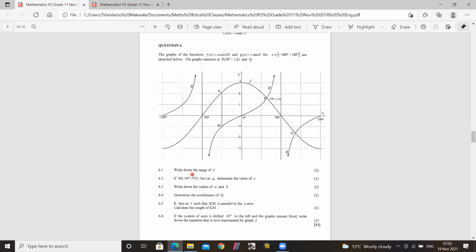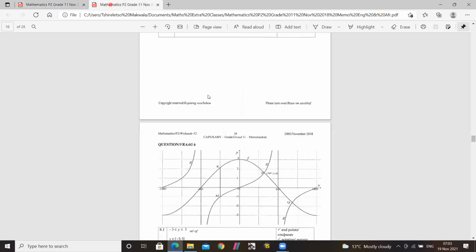Then you calculate your C. So you get your 10C there.